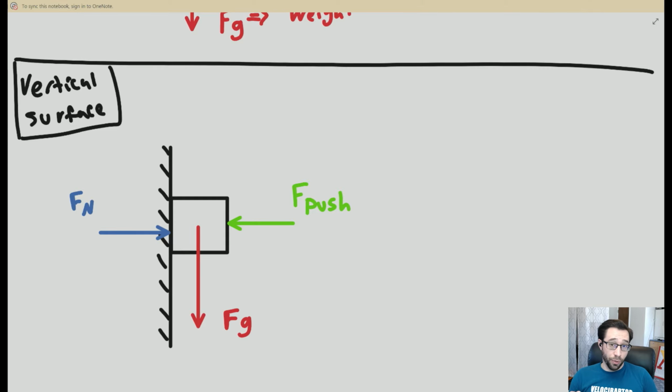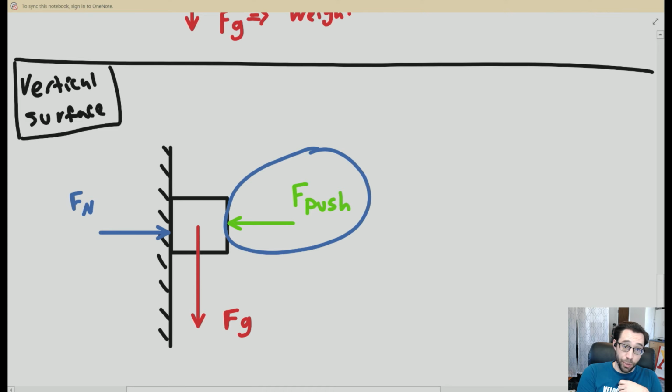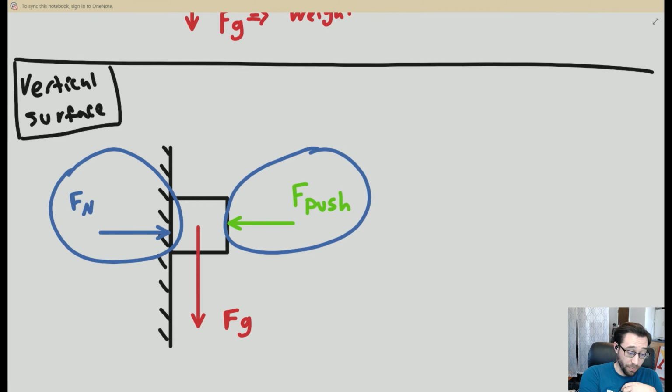So I therefore know that the sum of the forces in the horizontal axis must balance out or equal zero. So the magnitude of my push should equal the magnitude of my normal force, but in opposite directions. So for instance, this could be 50 newtons or negative 50 newtons because it's going to the left. This would be positive 50. I just pulled those numbers out of thin air. Does that make sense? So when I add those two together, it will equal zero. My net force will equal zero.